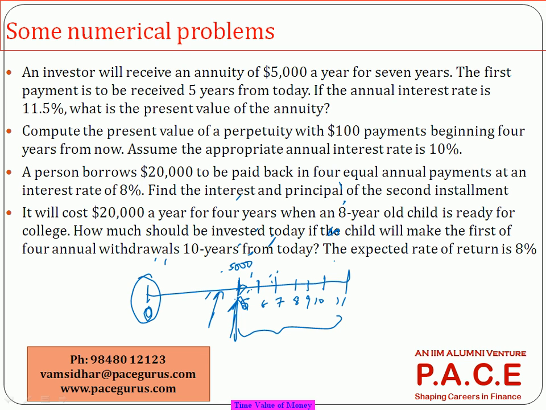It's not in the 5th year at what time. That gap between today and when I am getting it is full 5 years. 5 into 365 days. Right? Otherwise he'll say probably in the 5th year or those kind of words will be used. When I am using 5 years from today, the gap between today and the future date is exactly 5 years.